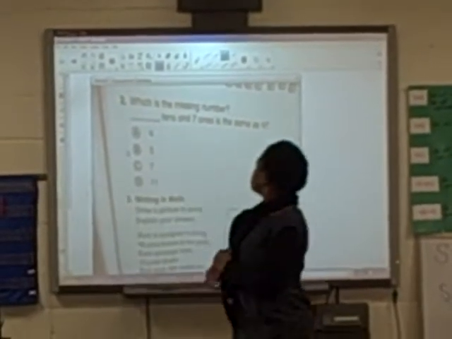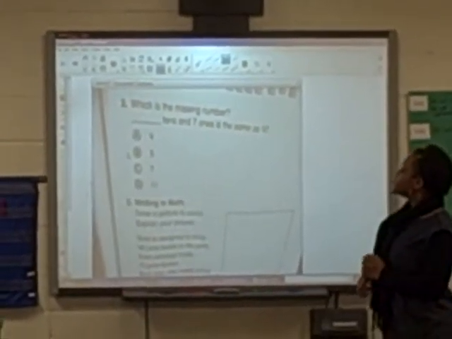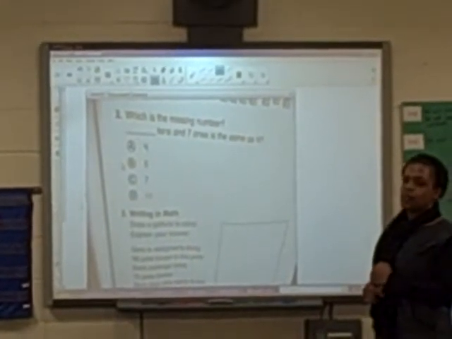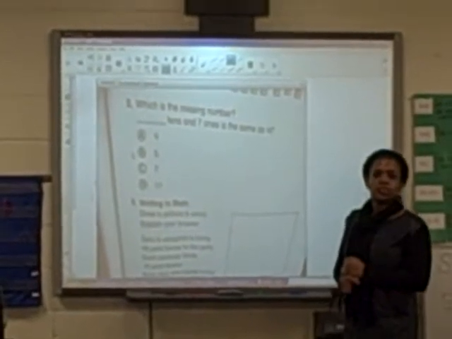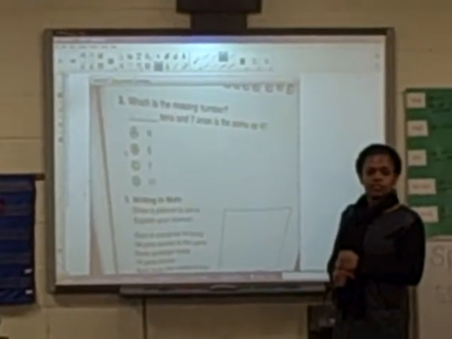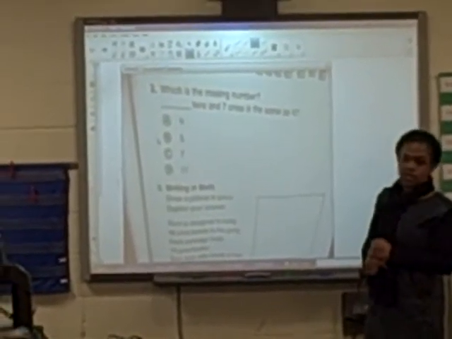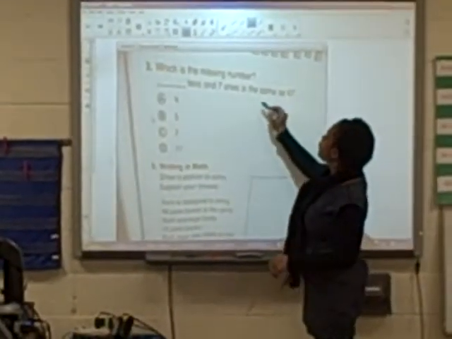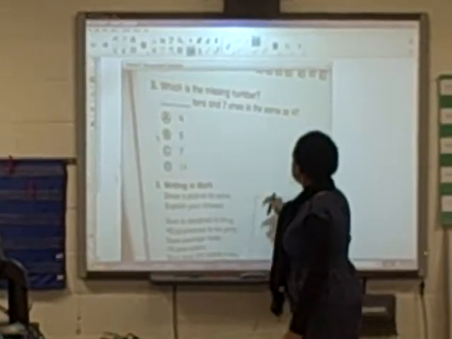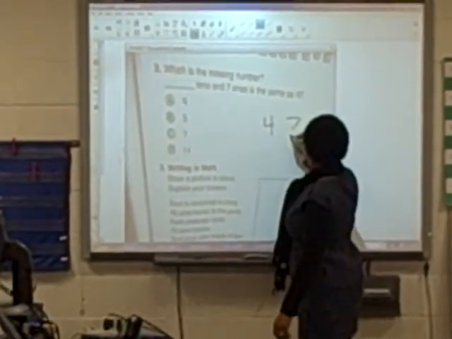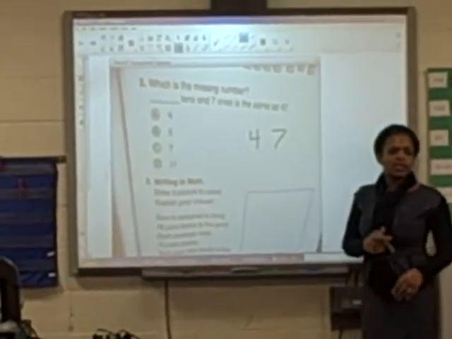It says, which is the missing number? Blank tens and 7 ones is the same as 47. Michaela, Brianne, pay attention. Which number is missing? If we have the number 47, which one will be our ones?